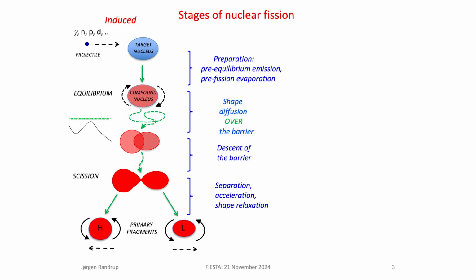Sooner or later you have a compound nucleus, which then undergoes some very complicated shape evolution, which is really where my heart lies. The shape evolves in some way, and finally you go over the barrier, you come down into the scission configuration where the system splits. And then, in a sense, fission is over. But you get the two fragments, they move apart and ultimately decay, and this is what we're going to talk most about today.